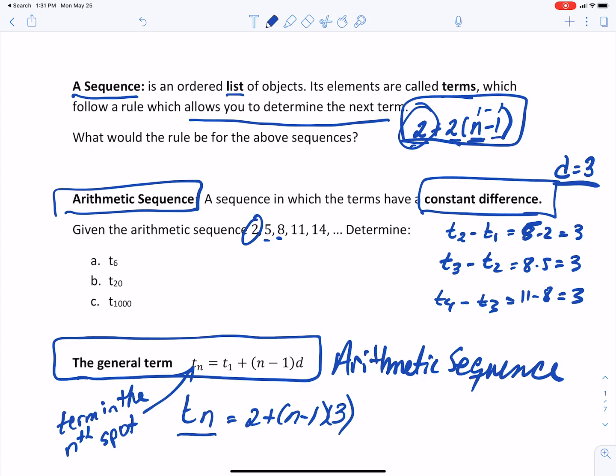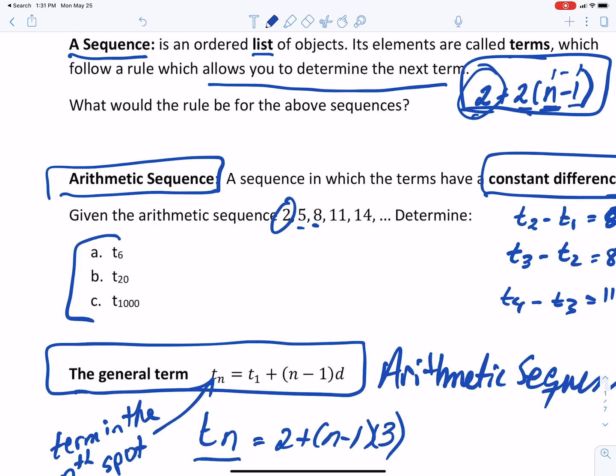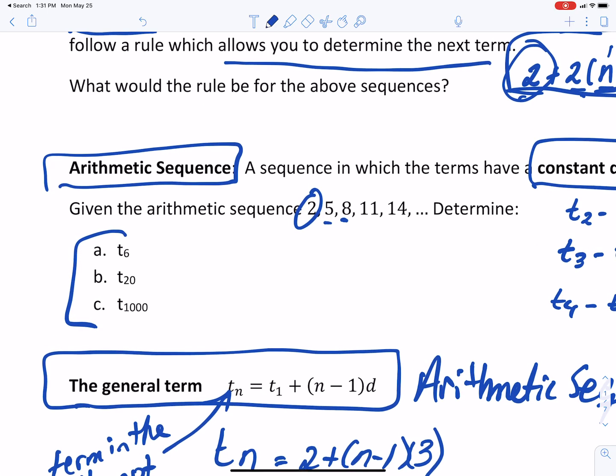Okay, so we're going to use that to find term 6 and term 20 and term 1000, these exercises up here. So term 6 is going to be term 1, which is 2, plus n minus 1 times 3. So that's going to be 2 plus 5 times 3 is 15, so plus 2 is 17.